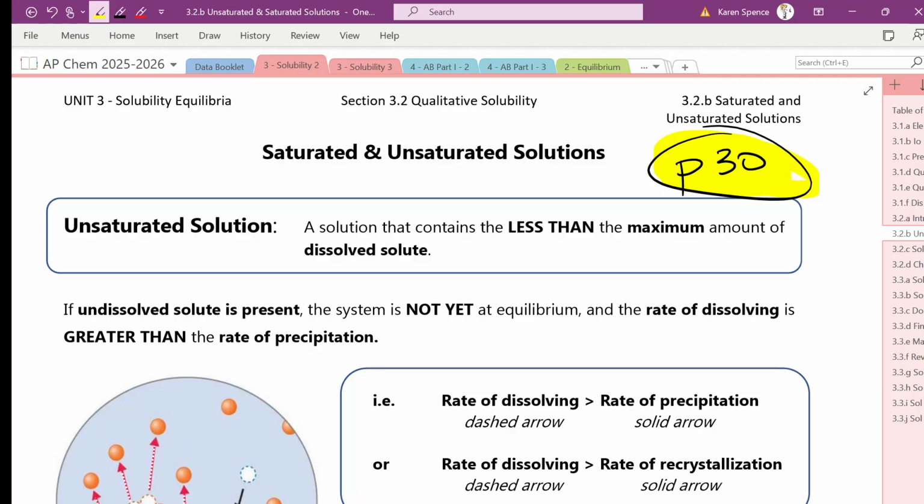Okay, so if you have an unsaturated solution, that means it does not contain the maximum yet. It is a solution that contains less than the maximum amount of dissolved solute.